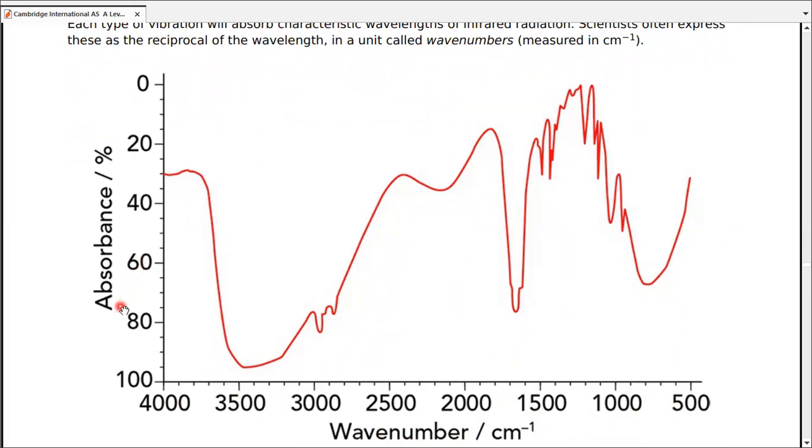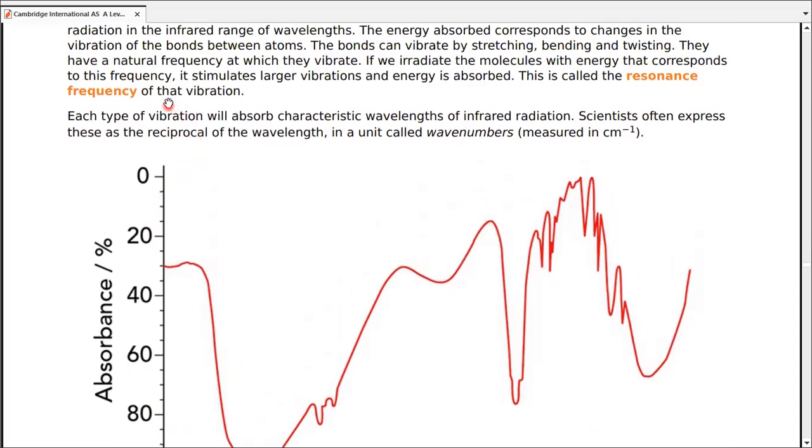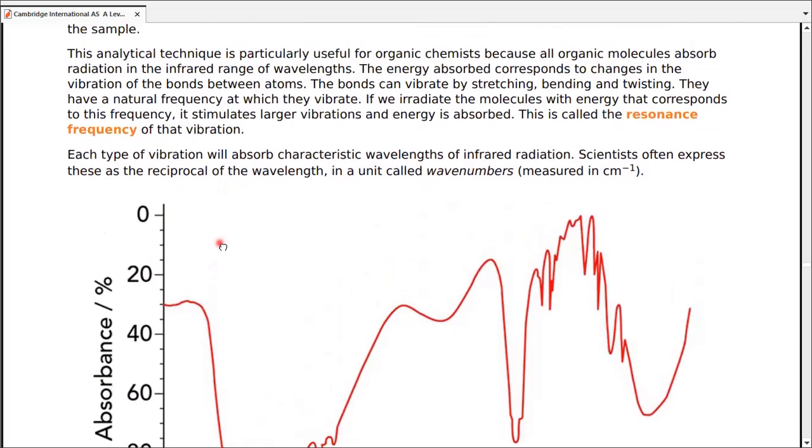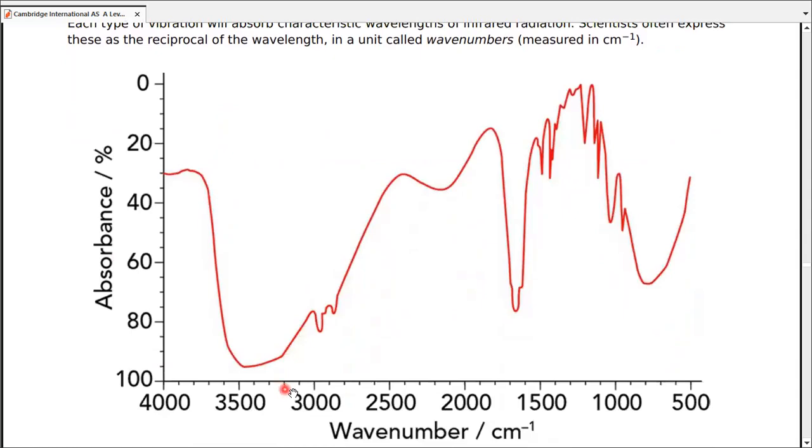On the right hand side, we have the y axis, which goes from top to bottom from 0 to 100, and that is the percentage of absorbance. How much of that radiation is going to be absorbed? Now, remember, if it is absorbed too much, that means the resonance frequency has been absorbed, which means the closer it is to the x axis.